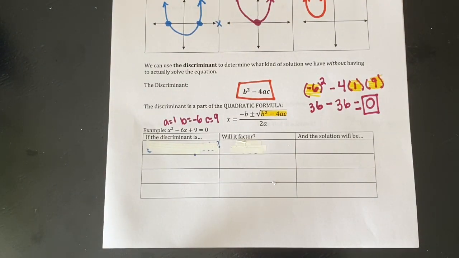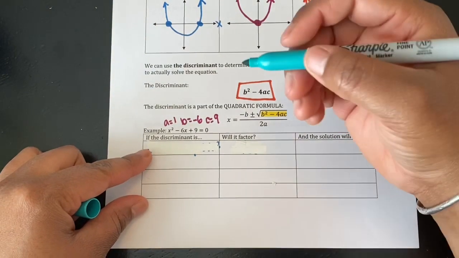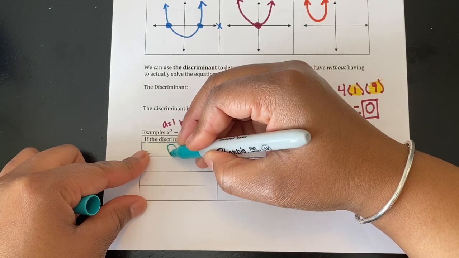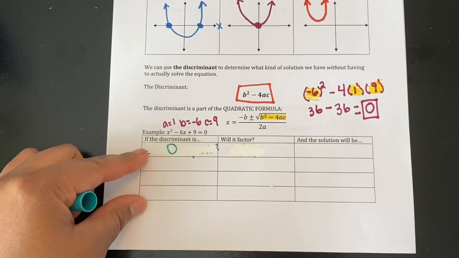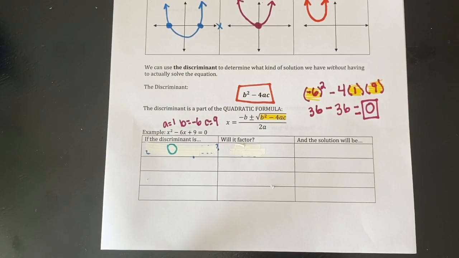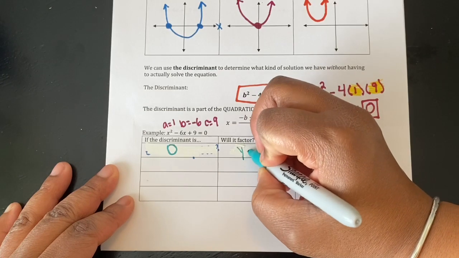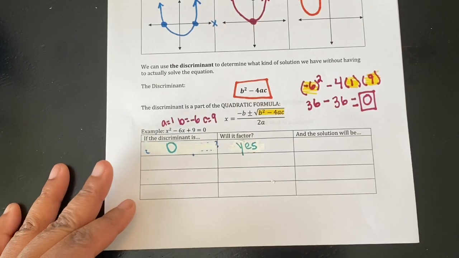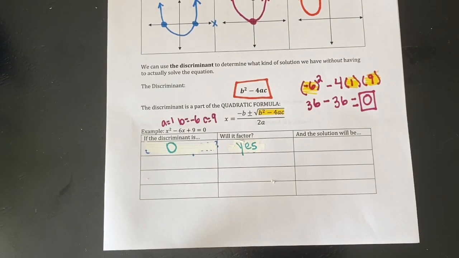Now, there are some rules for discriminants. If the discriminant is 0, just like we did here, will the quadratic factor? Yes, the quadratic will factor, and the solutions will be one real number.